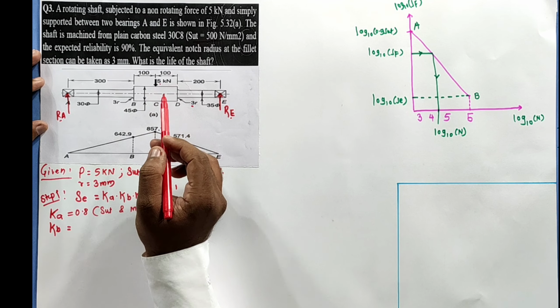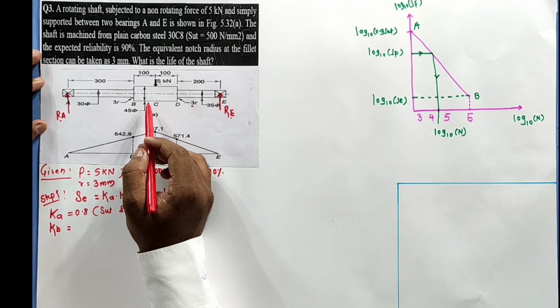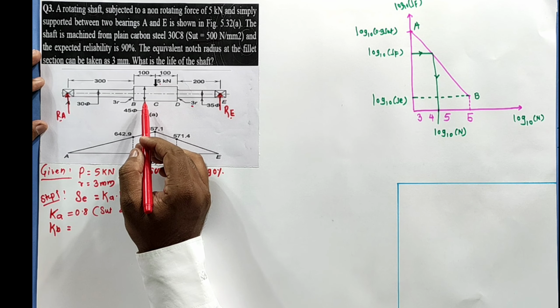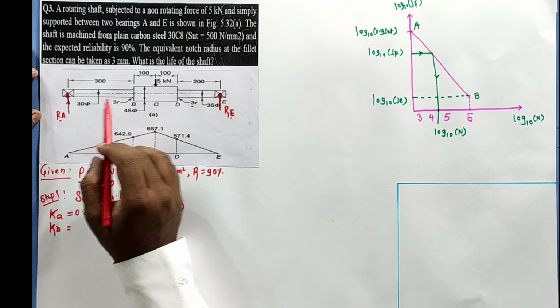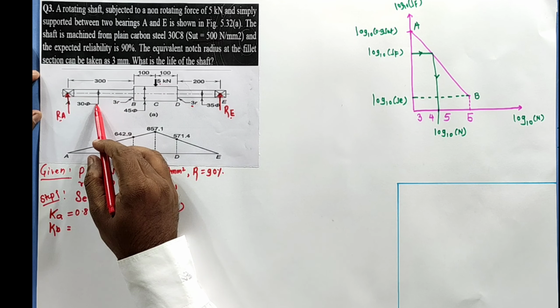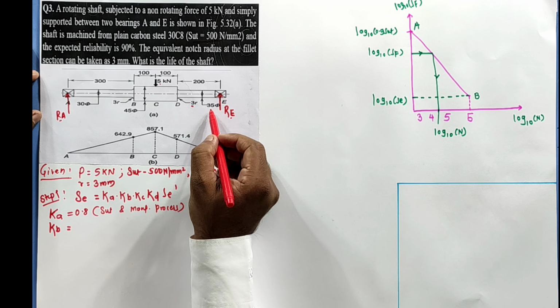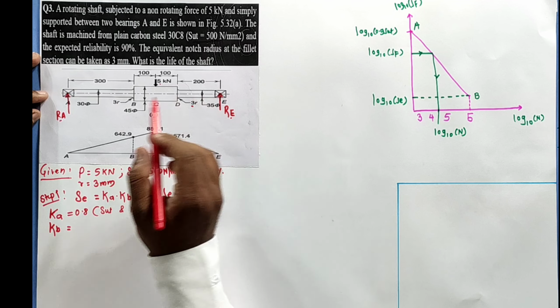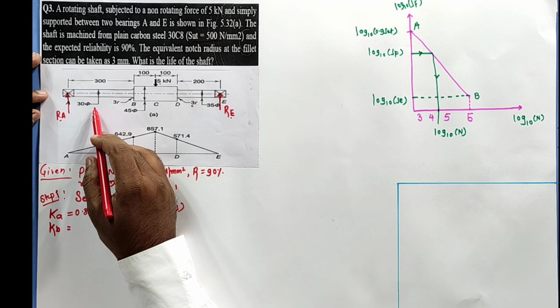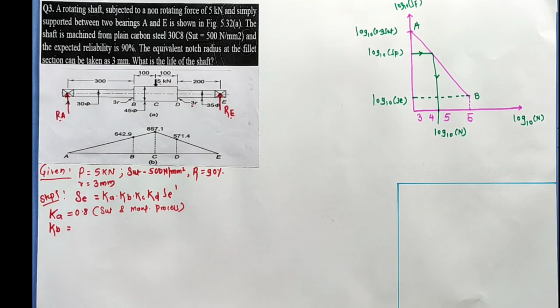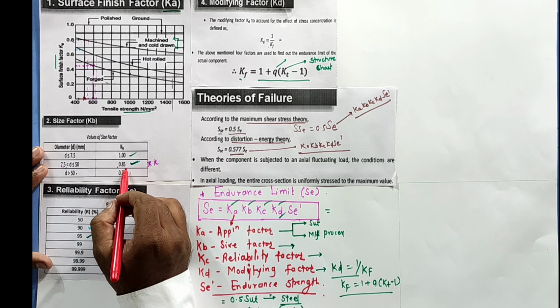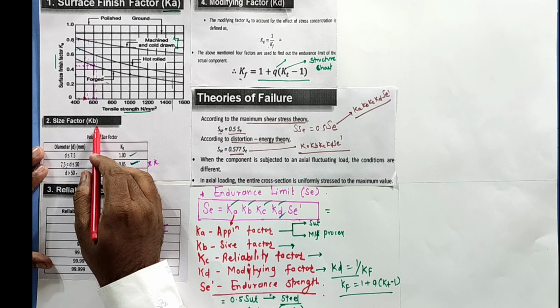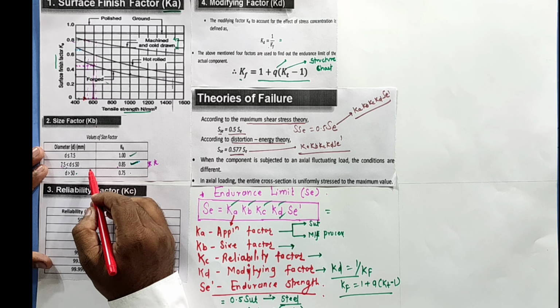For the bending case, we have seen such kind of problem earlier. While a load is acting at a particular point with respect to the bearing, there will be bending. Correct? So we'll have to consider bending. That's why, which part is going to bend first? Either 30 mm, 45 mm or 35 mm? The first one is the lesser one, that is 30 mm. So for 30 mm the size factor is situated in between 7.5 to 50, so it will be 0.85, because we have calculated for 30 mm.